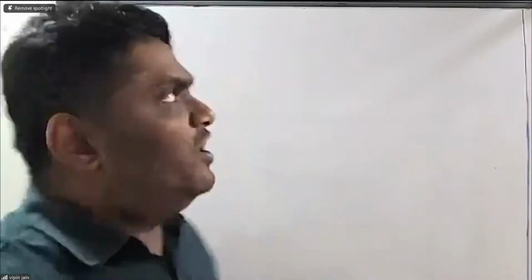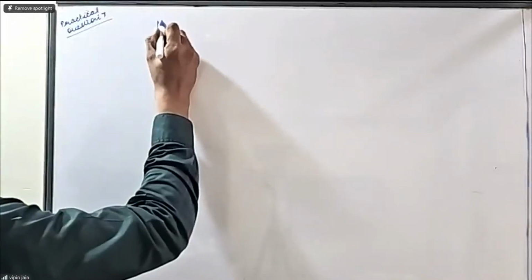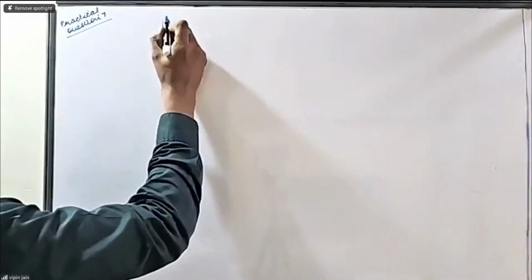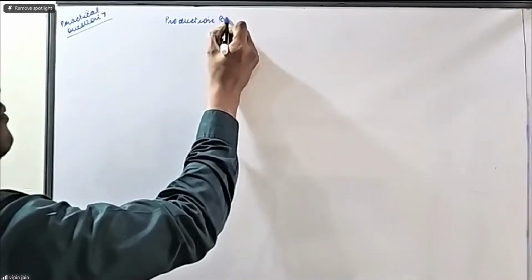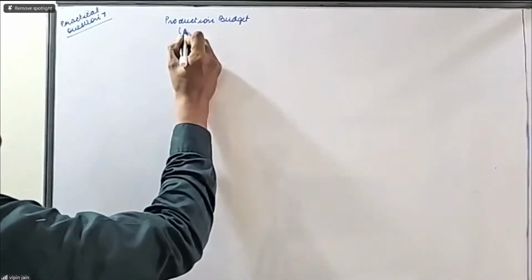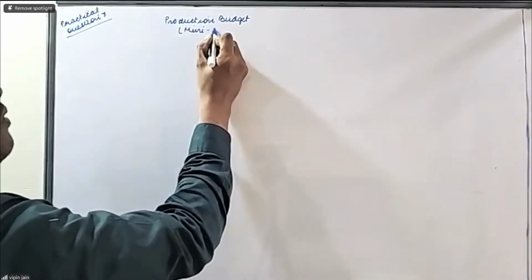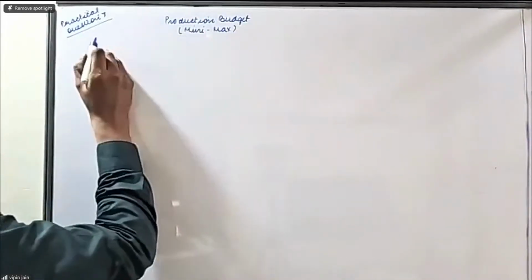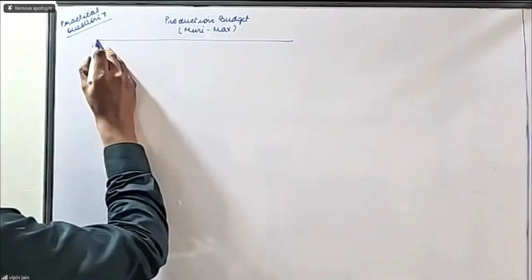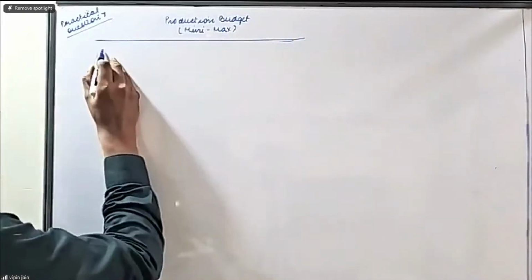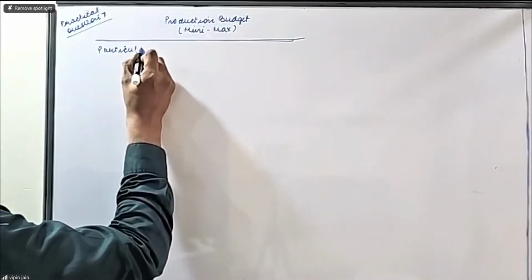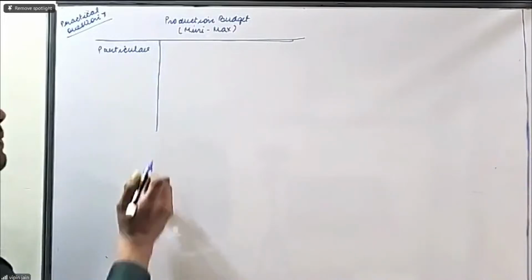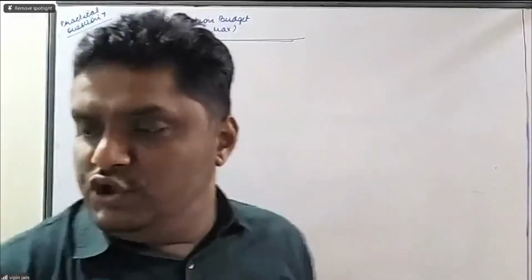So let's start with this question now. We'll first prepare for Minimax, for April, May, and June.